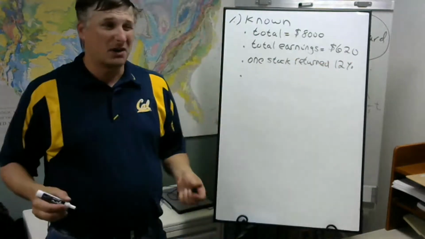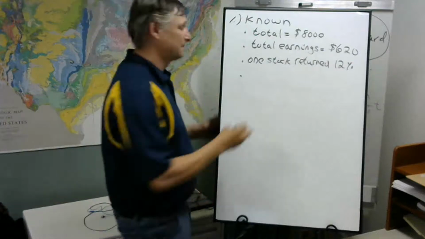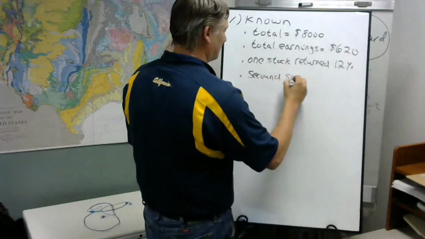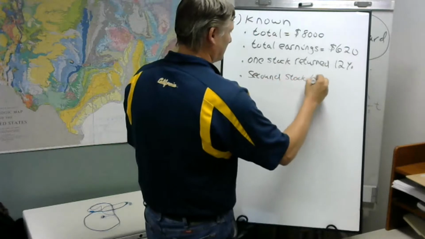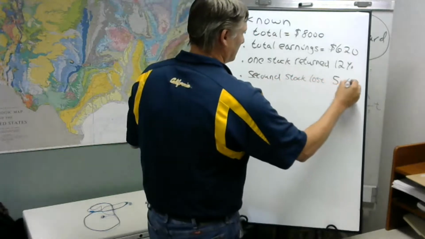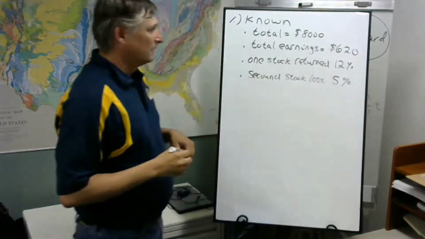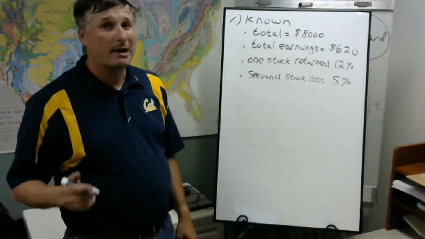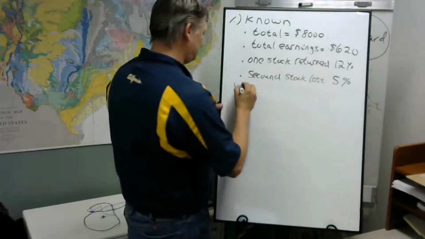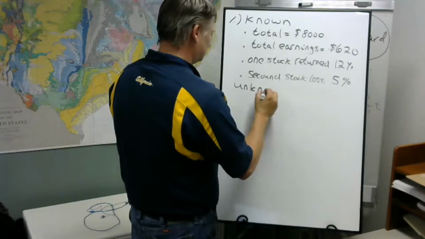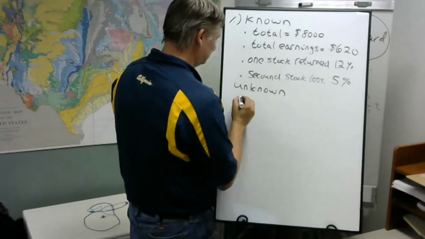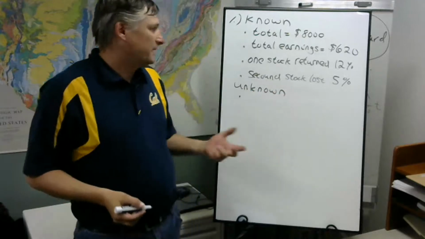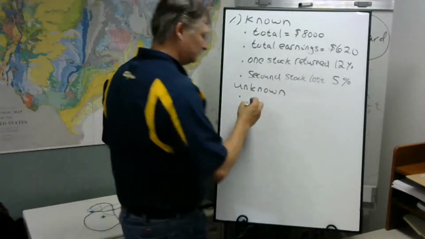We know the second stock lost 5%. So that's what we know. What do we not know? Well, what we don't know is how much was invested in each account.